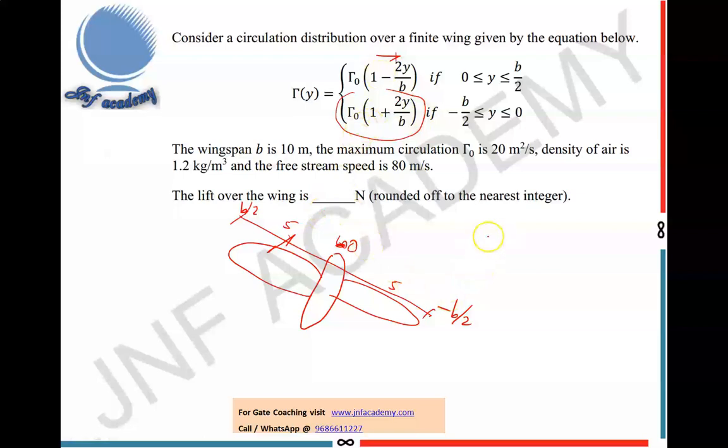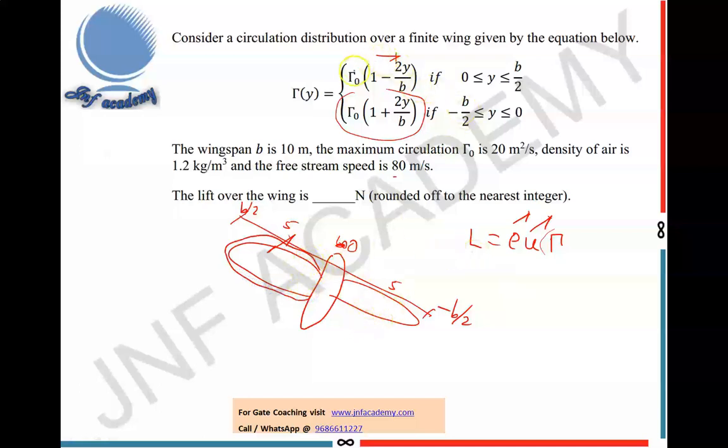So using the Kutta-Joukowski theorem, lift is equal to rho u gamma. So here density is given, free stream speed is given, 80. Only thing you have to calculate is gamma, but gamma is a function of your wingspan. So now let's calculate the net gamma over this semi wingspan or half wingspan, then we'll multiply by 2.